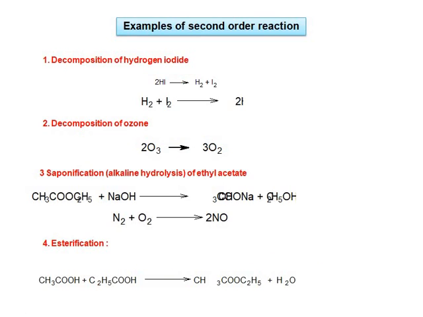Now the next point: we are going to learn some examples of second order reactions. The first example is the decomposition of hydrogen iodide. Two molecules of hydrogen iodide decompose to give hydrogen gas plus I2.